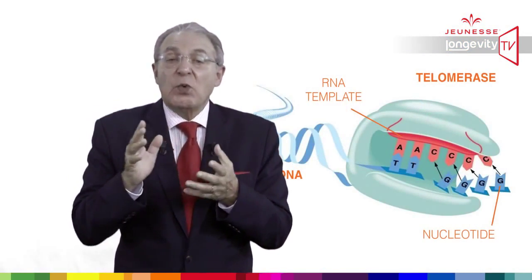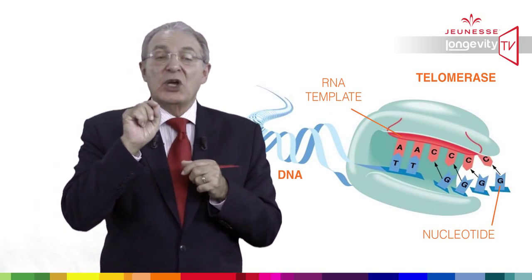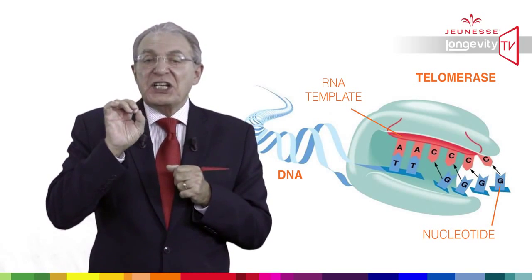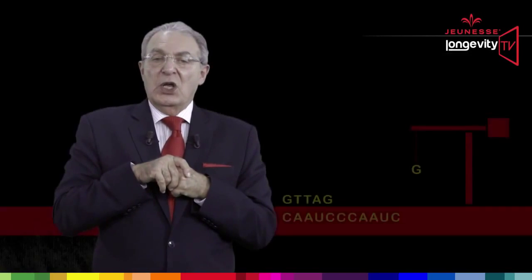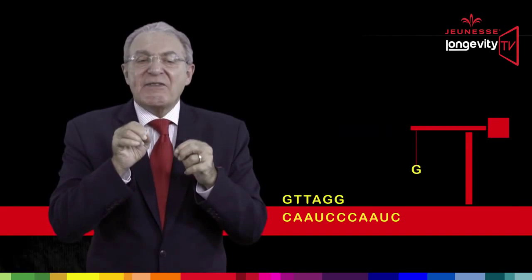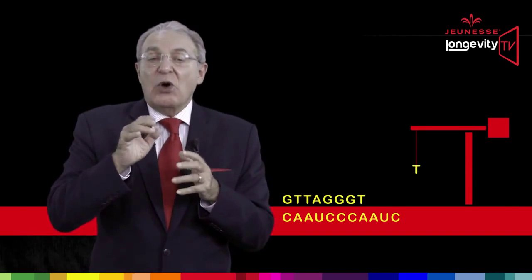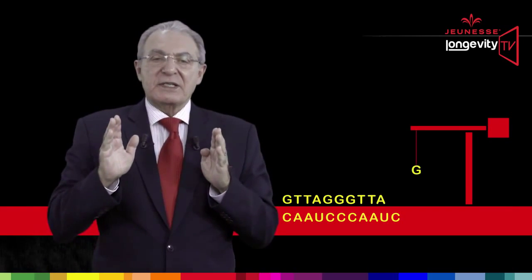Elizabeth found out why. The germinal cells have a special enzyme called telomerase, which is genetically controlled and permanently activated. When telomerase is activated, it rebuilds every piece of telomere which is lost, and this is almost magic. Piece by piece, brick by brick.